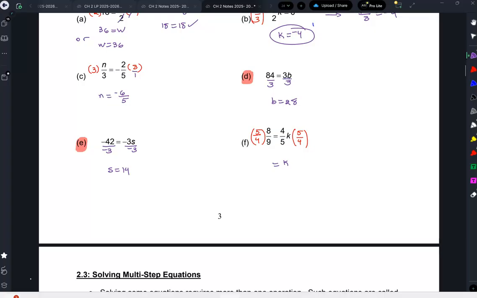Instead of reducing, multiply the numerators, you get 40. Multiply the denominators, you get 36. But we have to reduce that. What can we divide top and bottom by? 4. If I divide by 4, I get 10, and if I divide by 4, I get 9. 10/9. That's it. Now you understand. We're done.